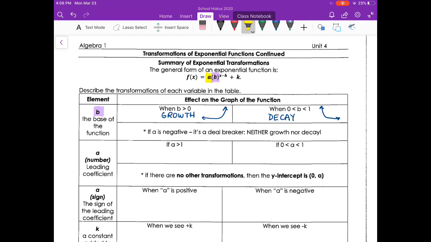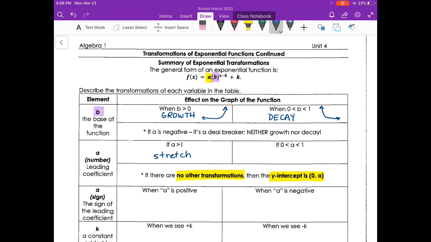Next, we'll look at the leading coefficient of the equation. If there are no other transformations on this function, then the a value will represent the y-intercept. If there are other transformations in the h and k position, then the y-intercept will be shifted off the y-axis and a will not be the y-intercept. The number value of a will tell us whether there is a stretch or shrink on the function as well.